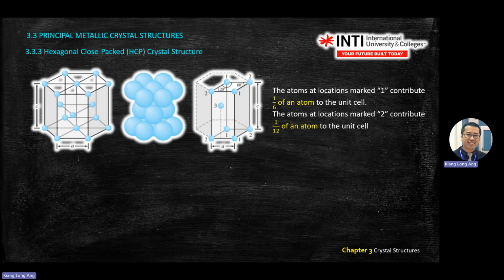But the atom located at number 2, see number 2 here, they are one of the 12 atoms, means they touch 12 atoms at the side. Okay, but this one you need to imagine a little bit because I don't have the tools. So number 1 is 1/6, number 2 is 1/12.